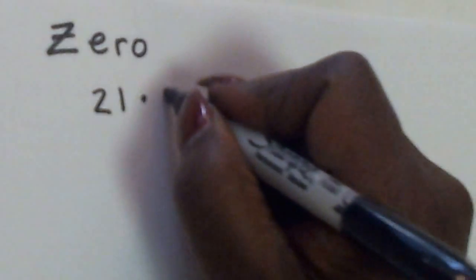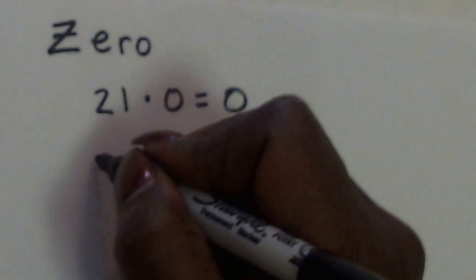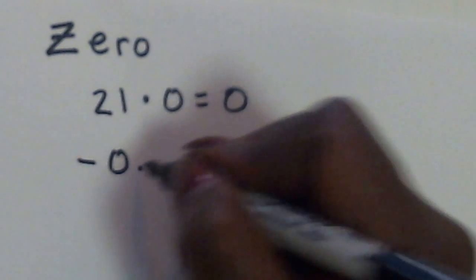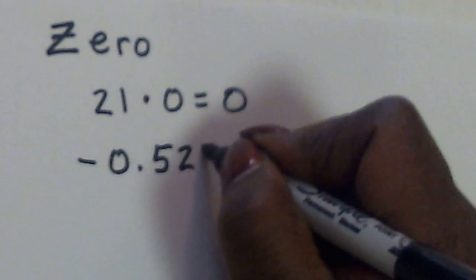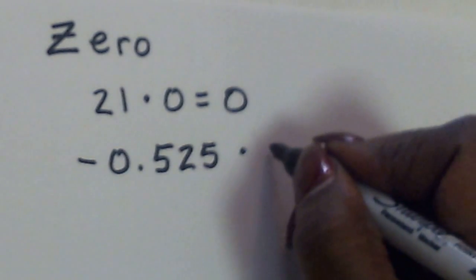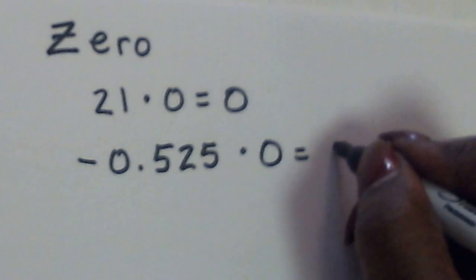So if I had 21 times 0, the answer is 0. It doesn't matter whether it's a big number or a small number or a negative number. The answer will always be 0. So if I had negative 0.525 and I multiplied it by 0, the answer would be 0.